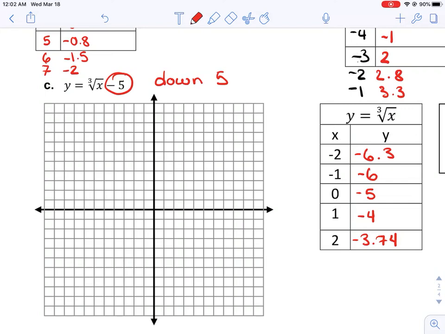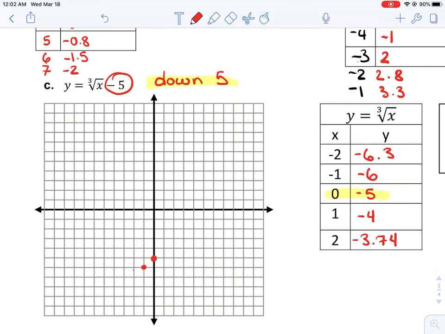So let's go ahead and graph this. At 0, we're going to go down 1, 2, 3, 4, 5. Notice here, it's interesting, at 0, you're down 5, because remember, normally at 0, it would be at 0. So that's that part that actually got moved down 5. At negative 1, we're at negative 6.